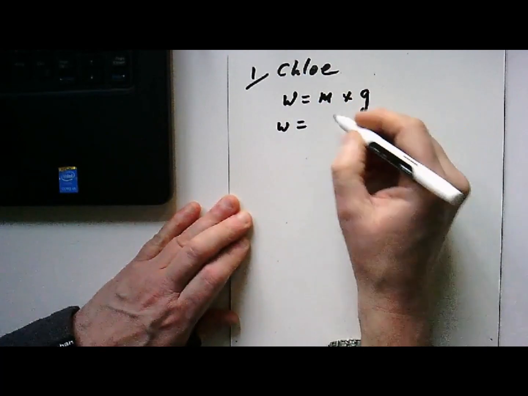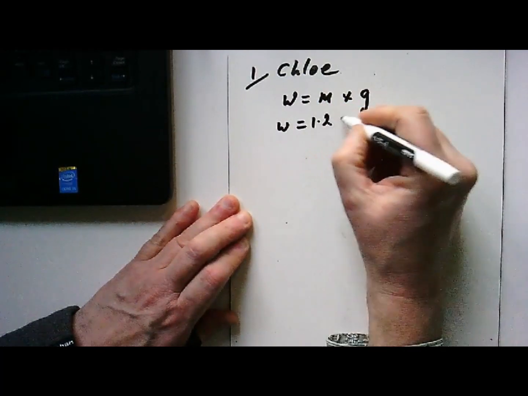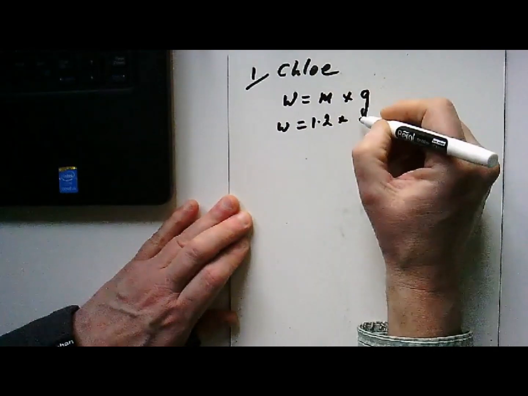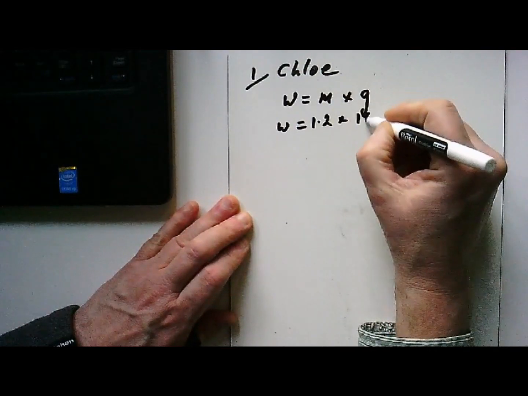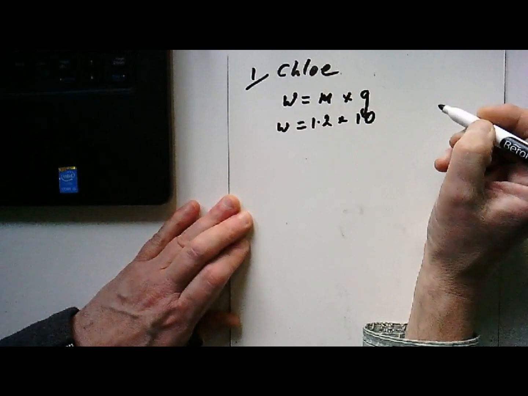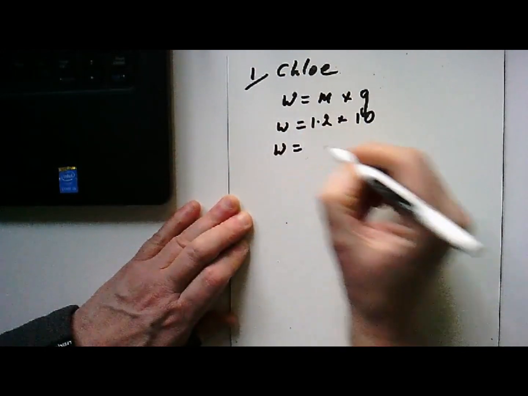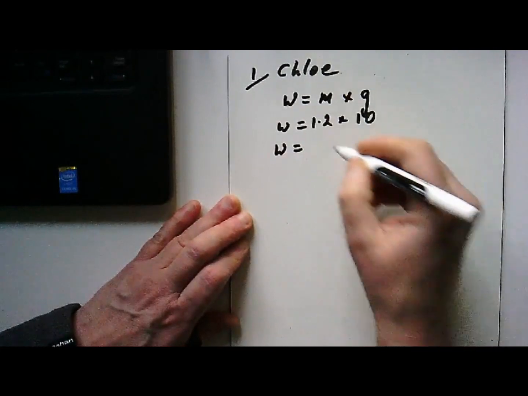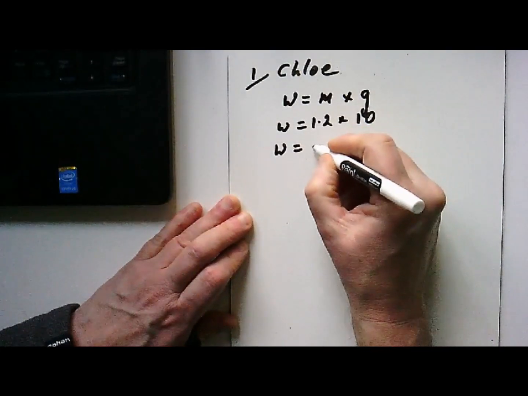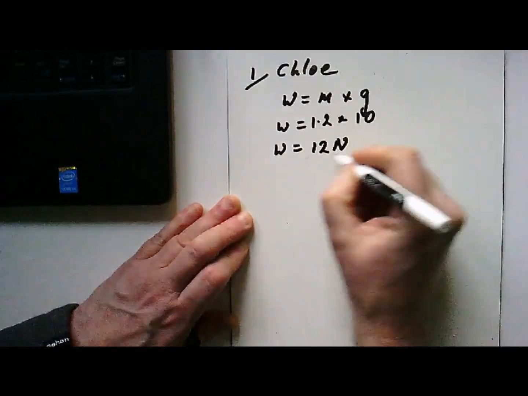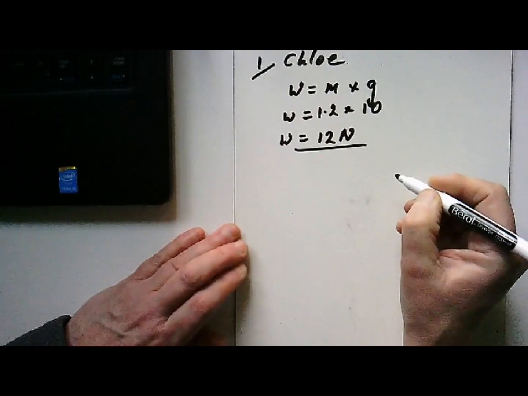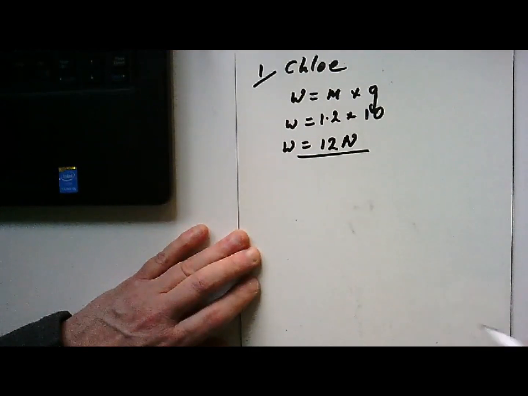The mass in kilograms is 1.2 kilograms, and we will take G to be 10 newtons per kilogram on this planet of ours. So W, the weight, then is 12 newtons.